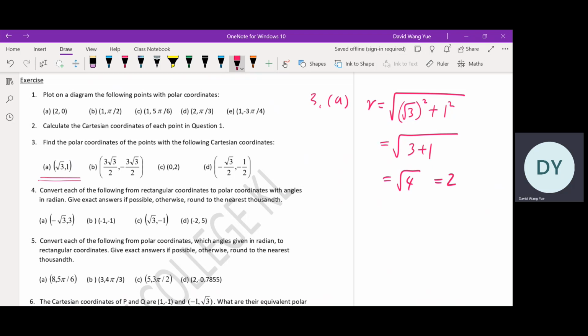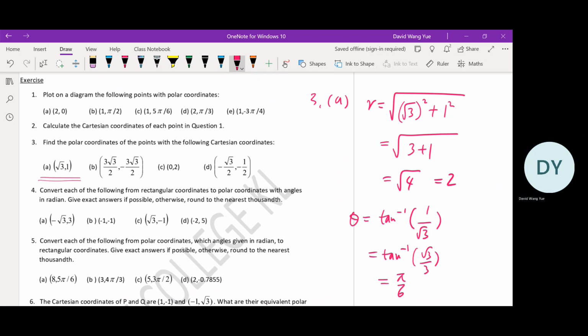Radius is 2. The theta is tangent inverse y over x. You can write like this, but you should know it's a pi/6 special angle. So for this one, it should be 2, pi/6.